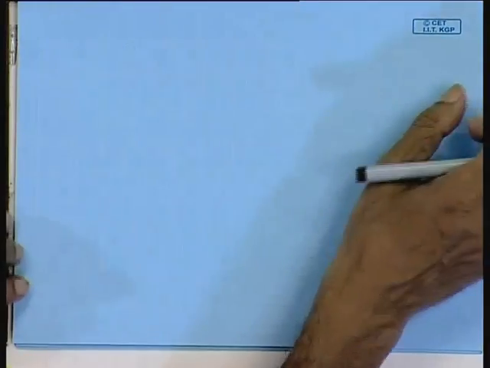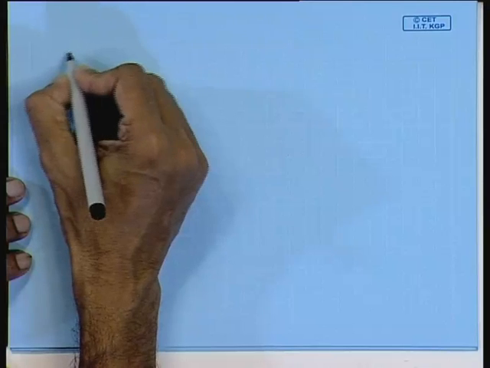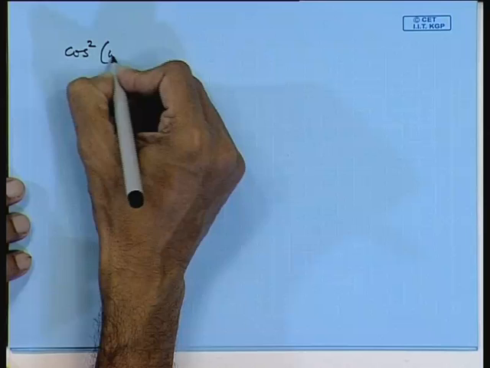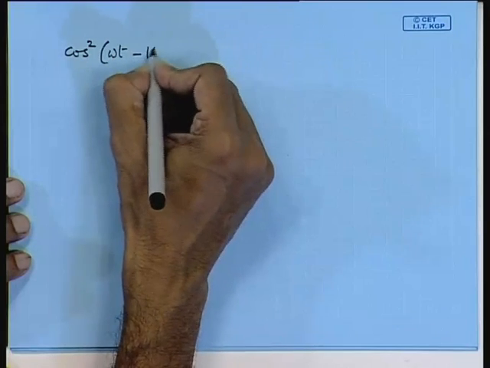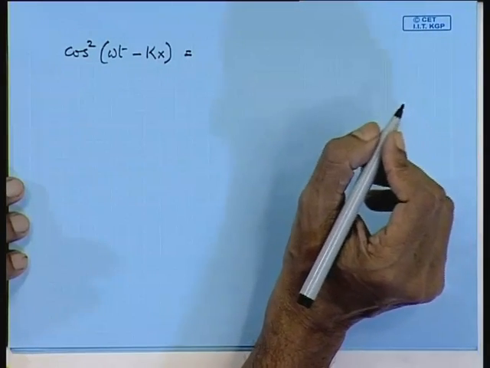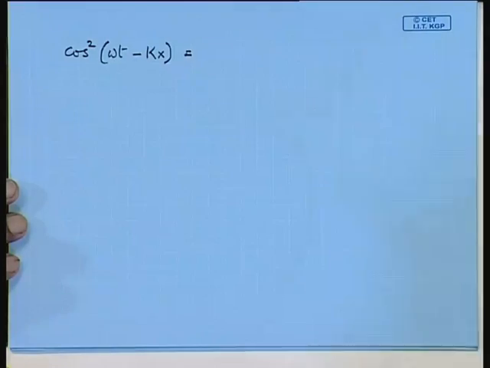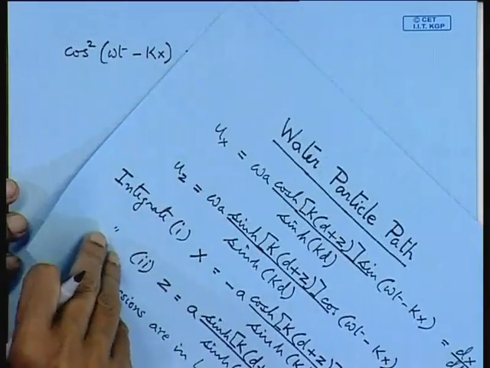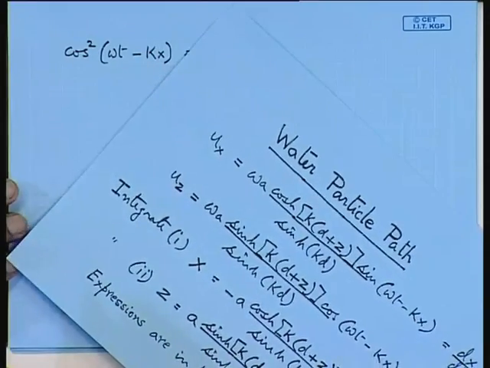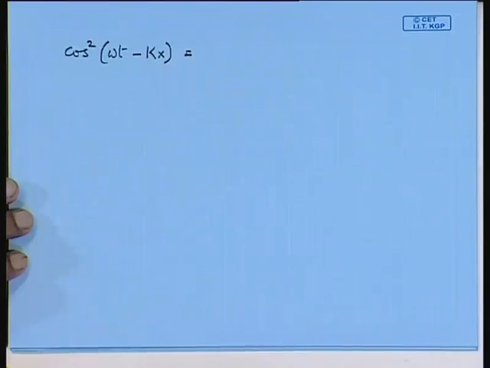Now, if you want to find out the path, you square this term, cos square (omega t minus kx). Now, what is that? This you can find from equation 3, which we have integrated. So, we have found out x and z, these two. Now you square this term. So, cos square (omega t minus kx) is how much?